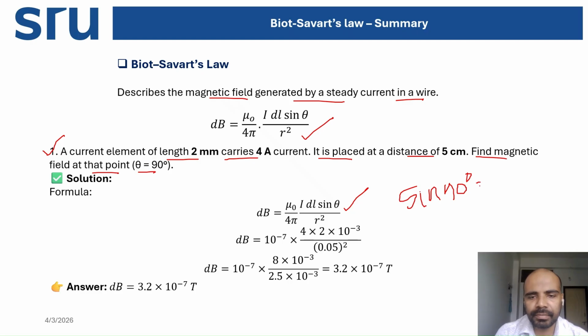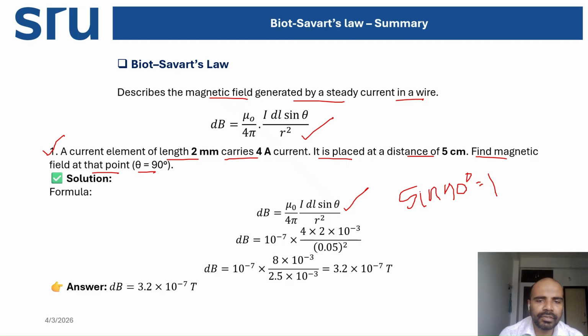We know that. So the length of the current element is given, that is 2 millimeter. You need to convert this millimeter into meter. So it is equal to 2 into 10 to the power minus 3 meter.